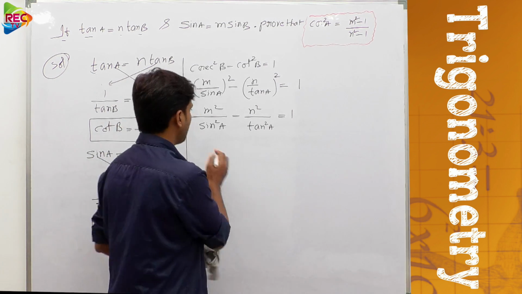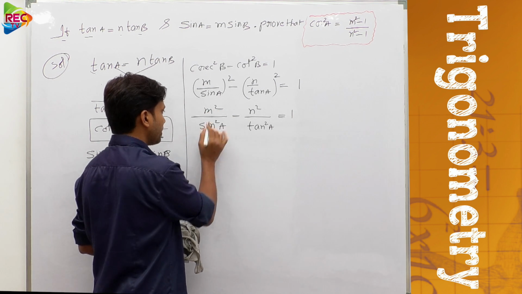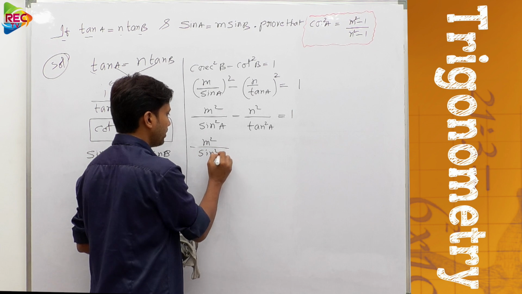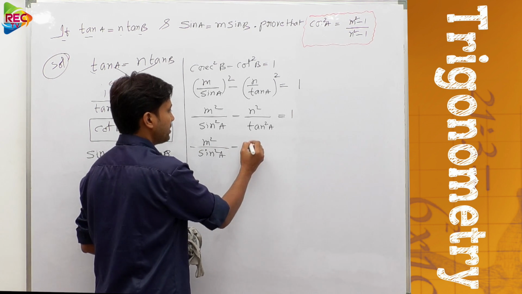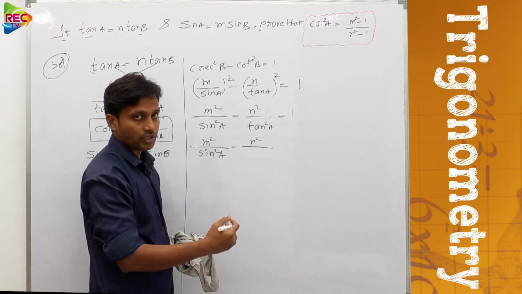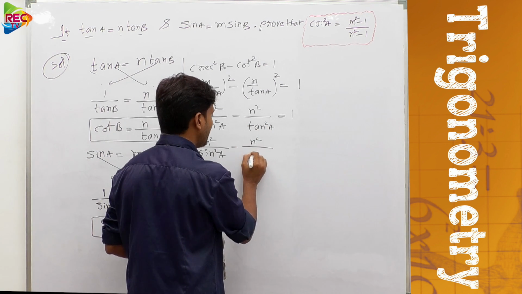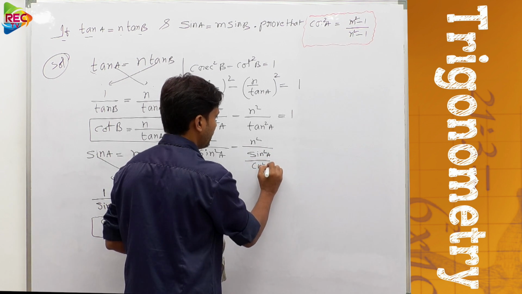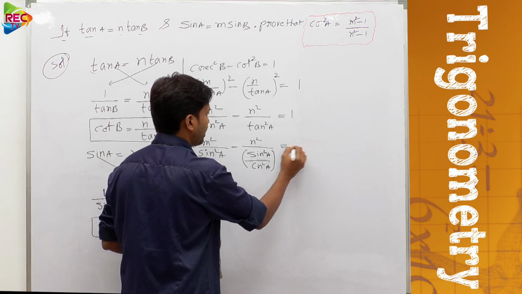So just write it down. Don't touch this, write it as it is, m square by sin square A minus n square by, I am converting this into sin square and cos square terms. So tan square A can be written as sin square A by cos square A and equal to 1.